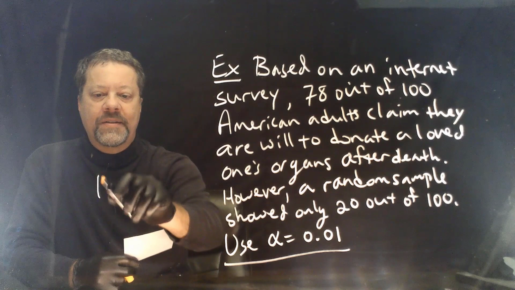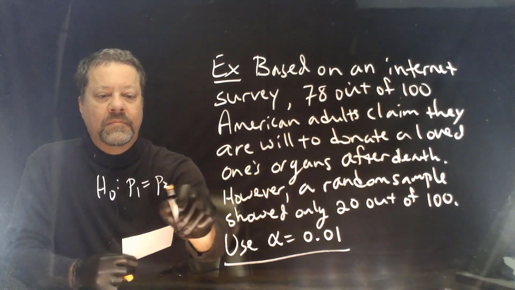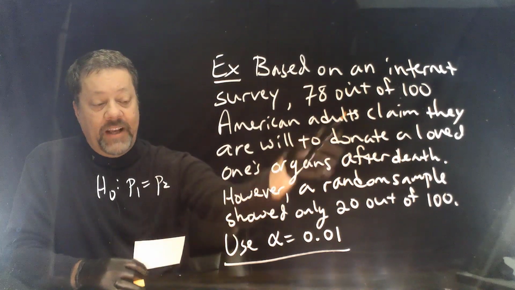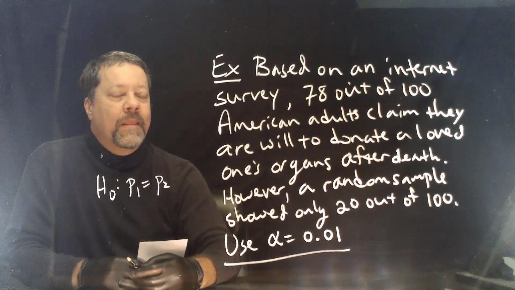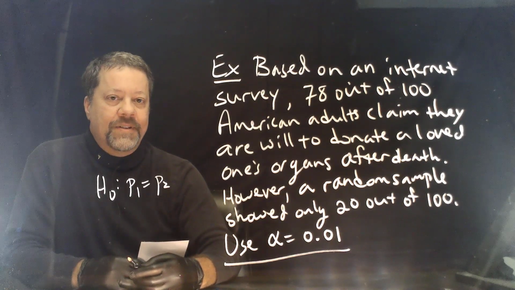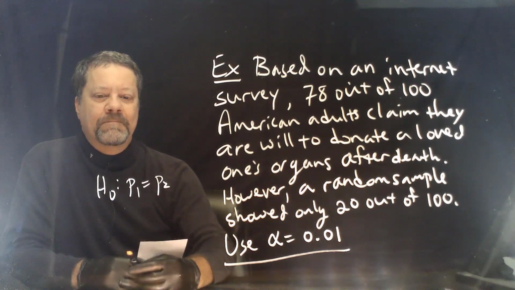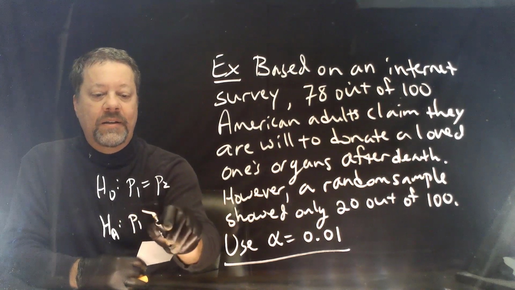Our null hypothesis is P1 equals P2. 78% versus 20% seems like a very significant difference. However, it's entirely possible that these differences can be explained by random chance from the sampling process. Let's use as our alternative hypothesis that P1 is greater than P2.